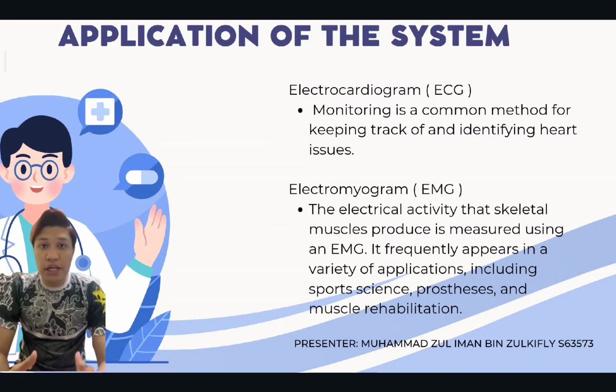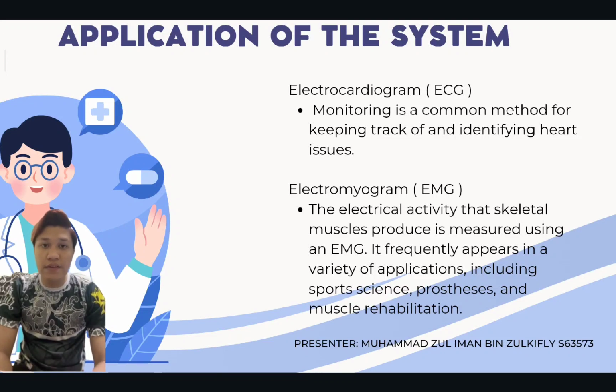Let's talk about EMG. EMG has various applications in sports science, prosthetics, and muscle rehabilitation. Here's a simplified process for building an EMG measurement system with Arduino. The first one is apply EMG electrodes to the desired muscle or muscle group.